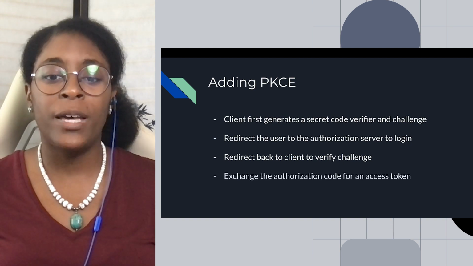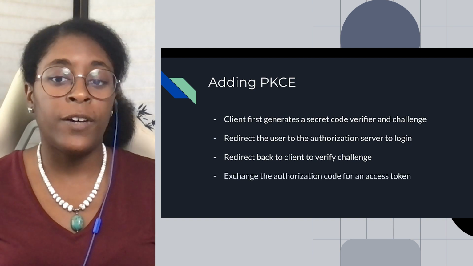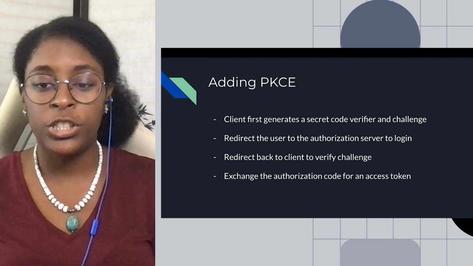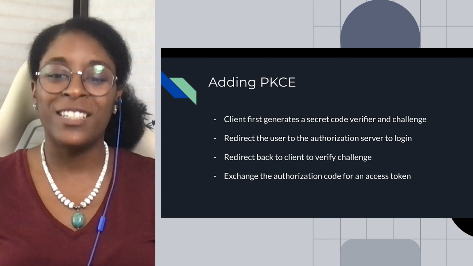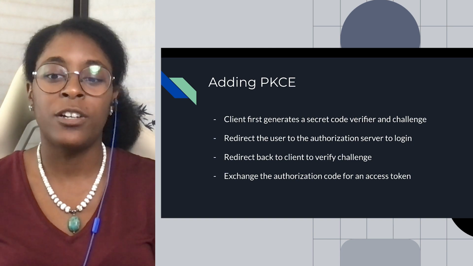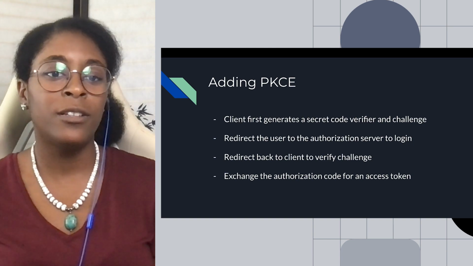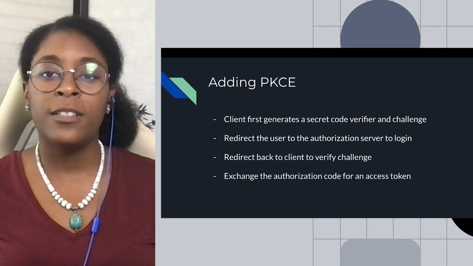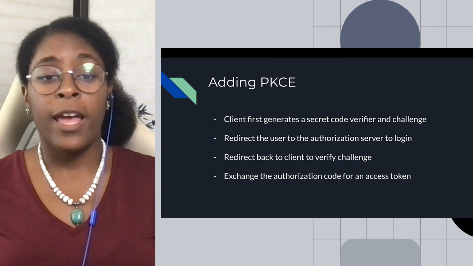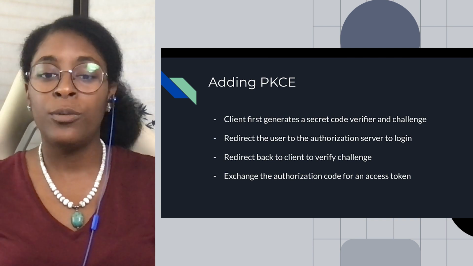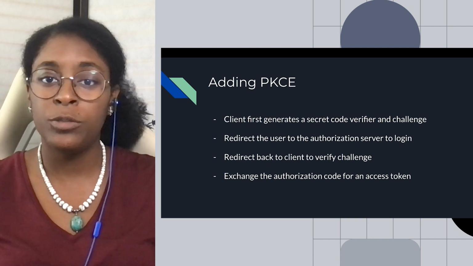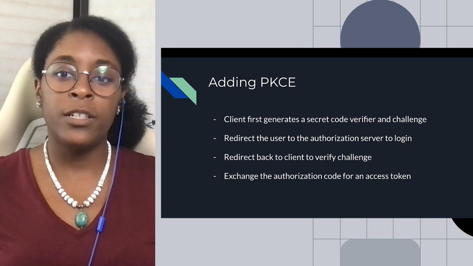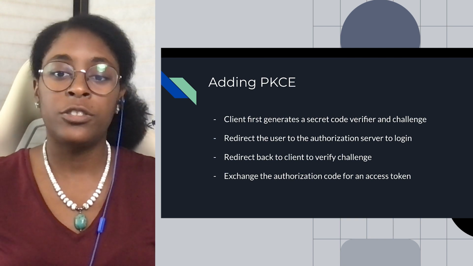So once we've made that redirect and we verified that code challenge, then we exchange the authorization code for an access token. But PKCE basically makes it so when a user makes a request, we generate some random string. That string, well, the challenge is that string.